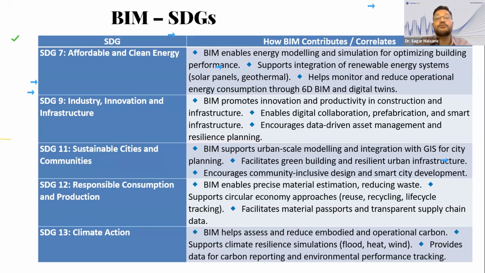Okay, so different governments and industries are very keen on understanding this, because countries have a mandate to be responsive towards the sustainable development goals. The construction industry also has the mandate to be accountable towards the SDGs. So BIM contributing towards those SDGs has a lot of significance.